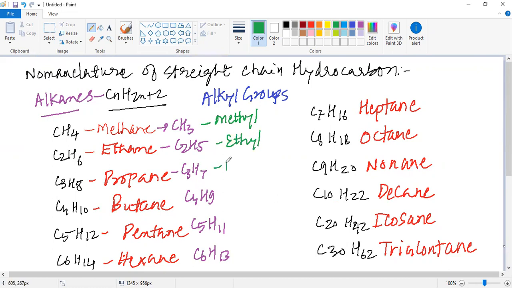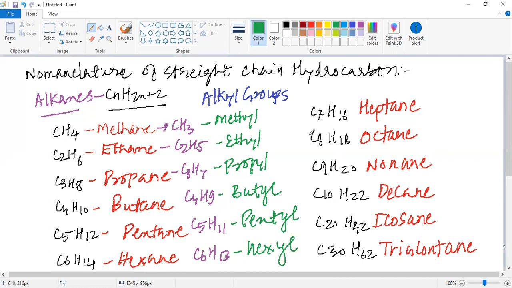and the names we will write as: methyl, ethyl, propyl, butyl, pentyl, hexyl. These are the alkyl groups which are generally available in the branch.